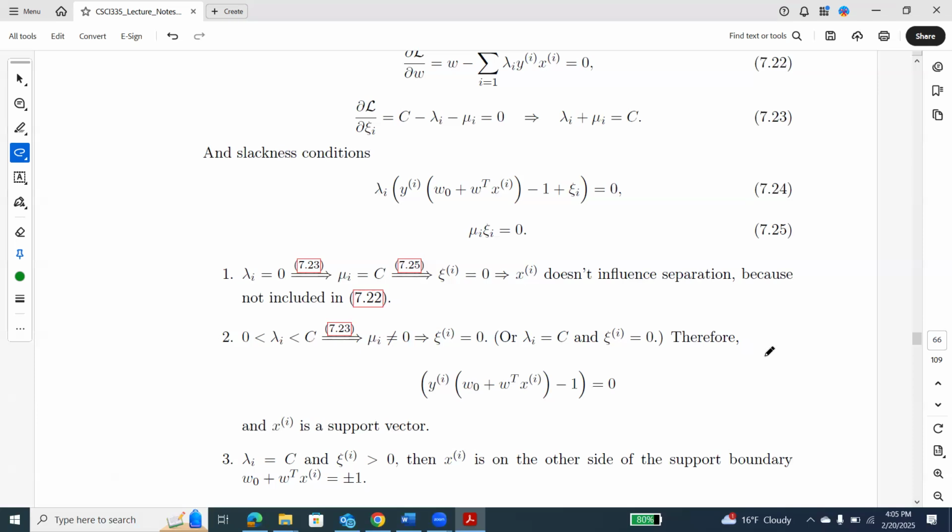And the third case, if lambda equals C, then mu is 0, and if mu is 0, then xi might be not zero. If xi is not zero, it means that point lies actually on the other side of our support line. So it's kind of three cases.